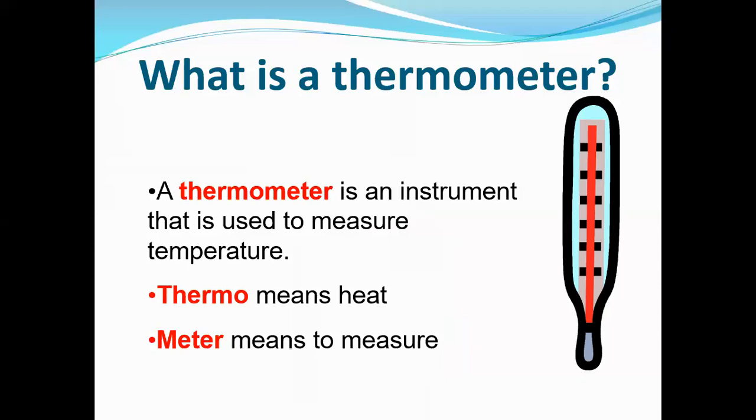It came from two syllables: one of them is thermo, which means heat, and the other is meter, meaning I'm measuring the heat. So when you are measuring the amount of heat, you are measuring it using a thermometer, and we are going to cover later the difference between temperature and heat. But this is just the definition of the thermometer.